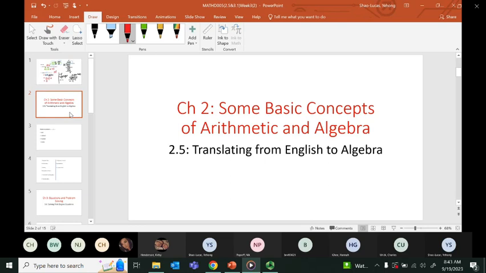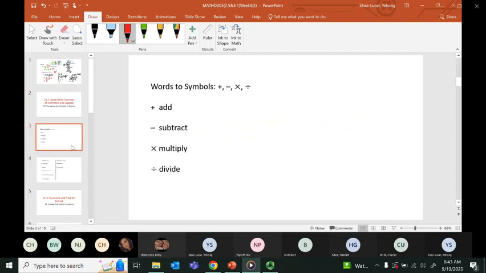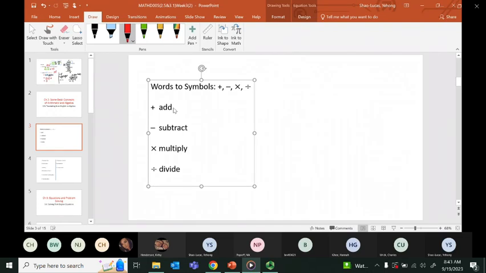A lot of English words we use, for example, add or plus. There are many other words. We use a plus sign. And subtract, like a minus sign, and multiply. I also talked about multiply at the beginning of the first class.